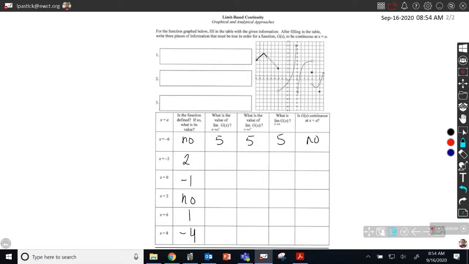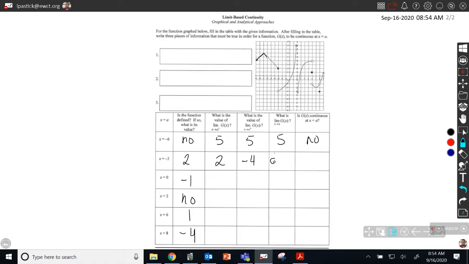At x equals -3, what's the limit as we approach -3 from the left? It looks like our limit is 2. Approaching -3 from the right, it looks like our limit is -4. What is the limit of g of x as x approaches -3?